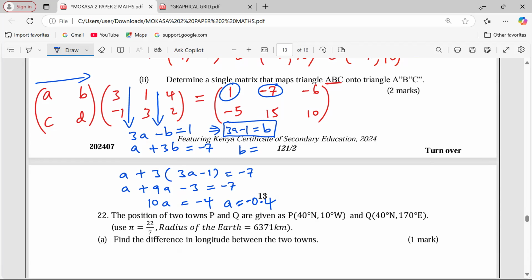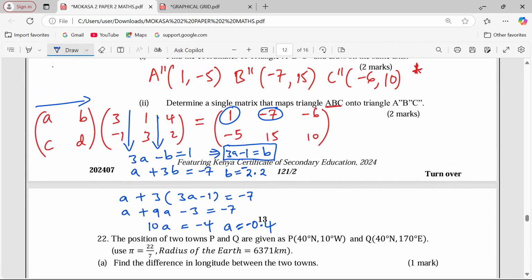That gives -2.2. B equals -2.2. Negative 2.2. That is A and B.